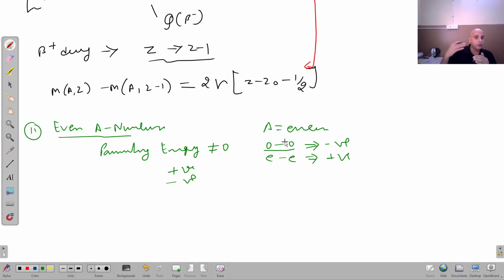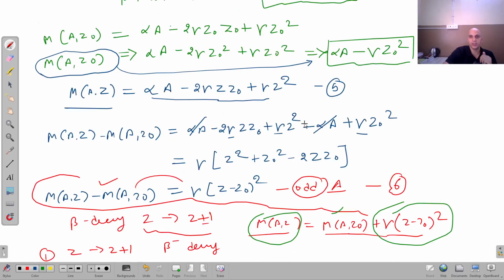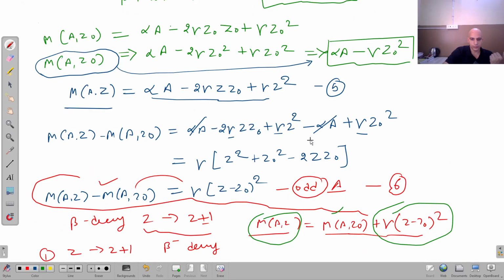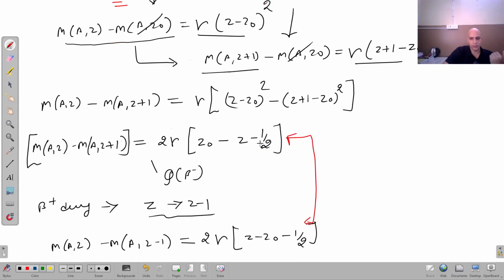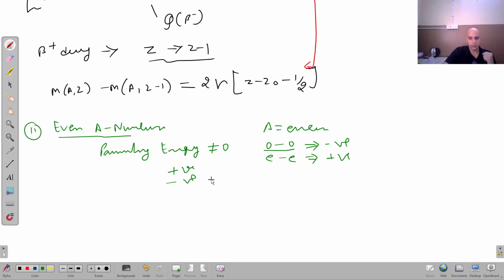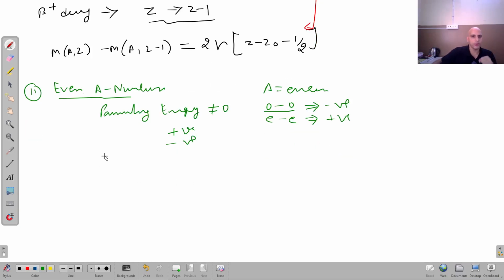So what I am saying is that instead of one term, we will have two terms in this equation, which we dropped in the case of odd A, because for odd A the pairing energy term is equal to 0. So when we write down the expression for the equation of mass parabolas, we can proceed in the same way for even A nuclei.